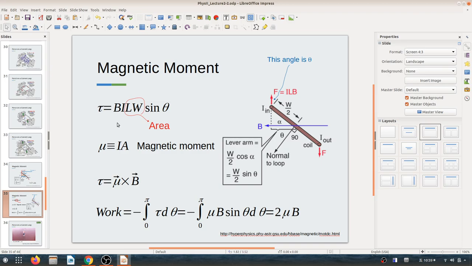Yeah, this is the magnetic field, and I and area and the normal vector give you the magnetic dipole, which is vector mu. And the outer product of vector mu and B gives you the sine theta. So this is how we do the arrangement.